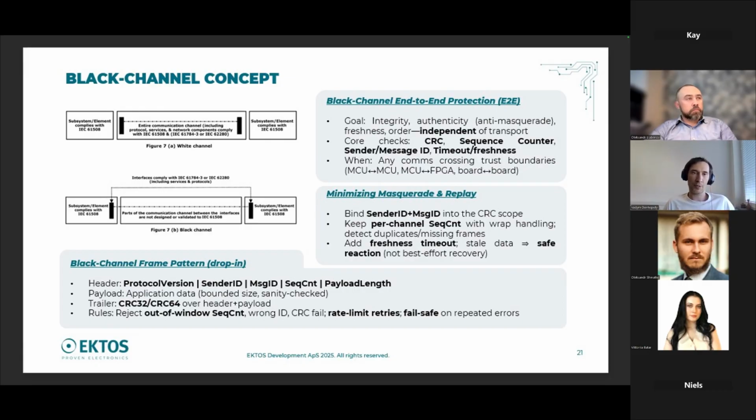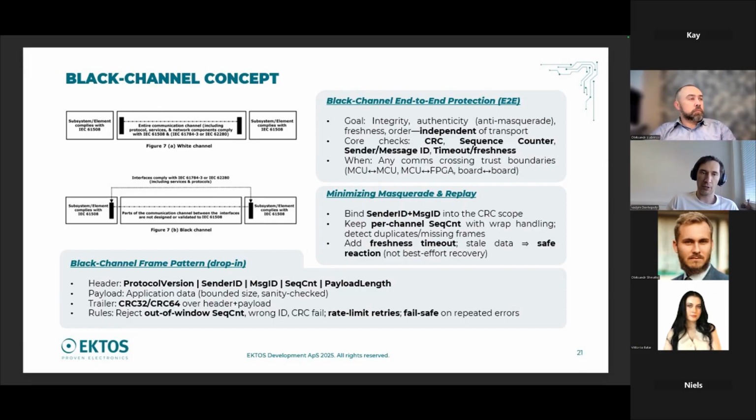And for this purpose, you can use a black channel. You consider your protocol, which is lower level, as a black channel, and you just don't care how it works. But on top of these layers, you have to put your own protocol level which provides enough measures to be safe.